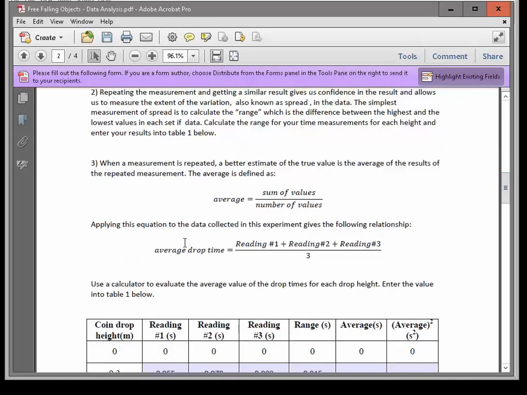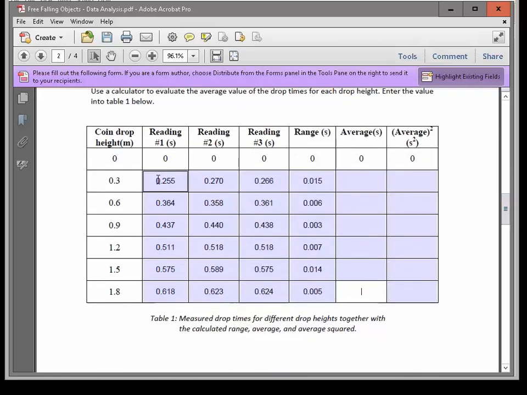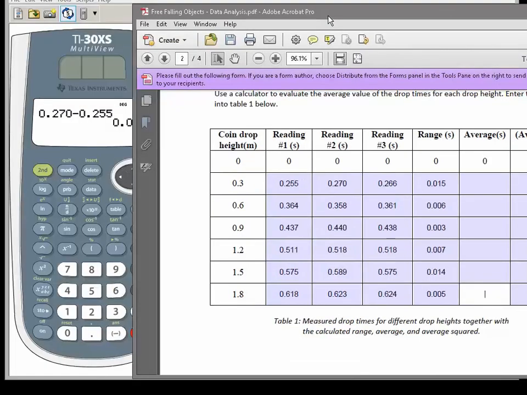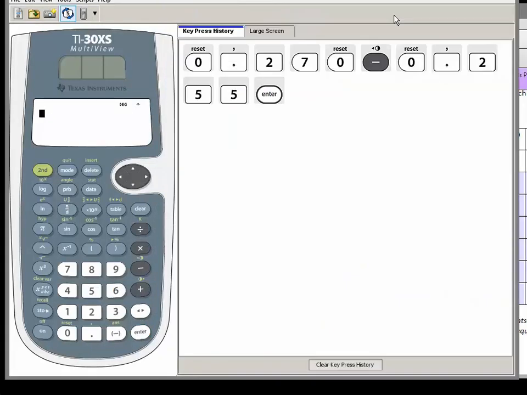In question 3, we calculate the averages of the drop times at each height. To do that, we're going to add the readings together and divide by 3. For example, for the first set of measurements, we will do this.